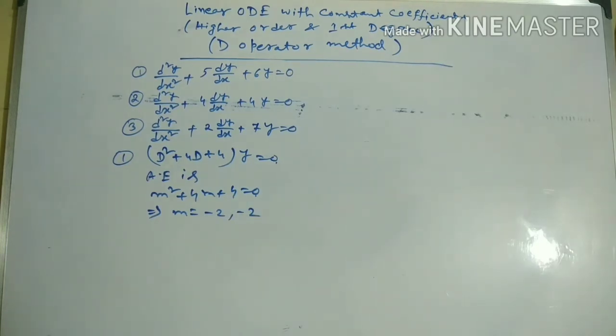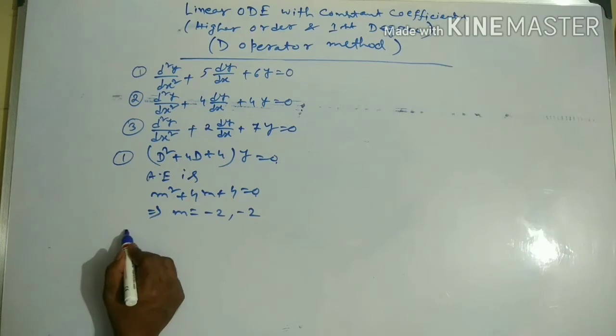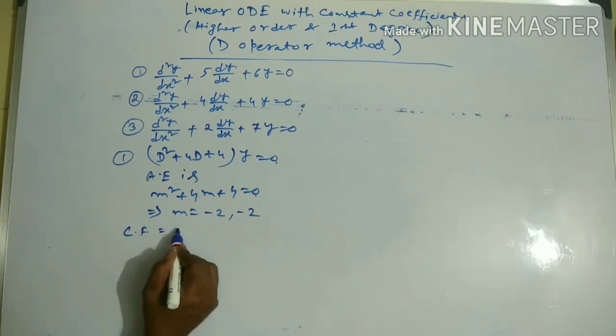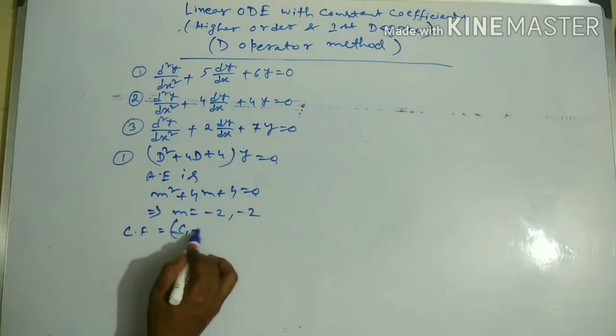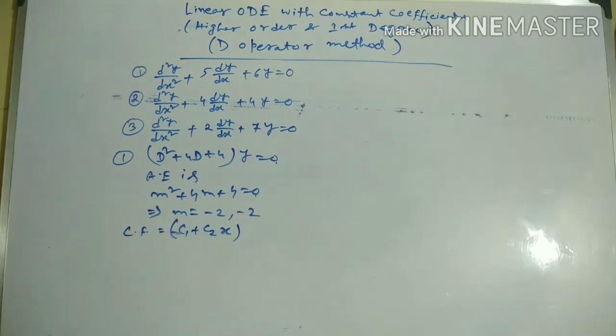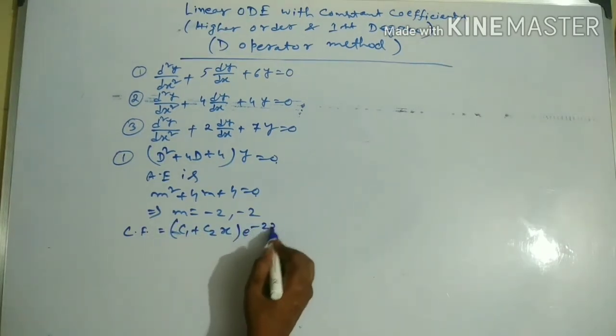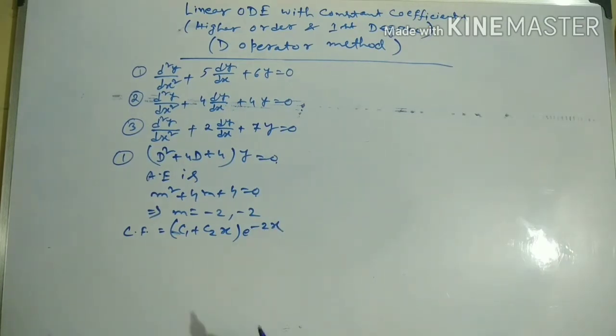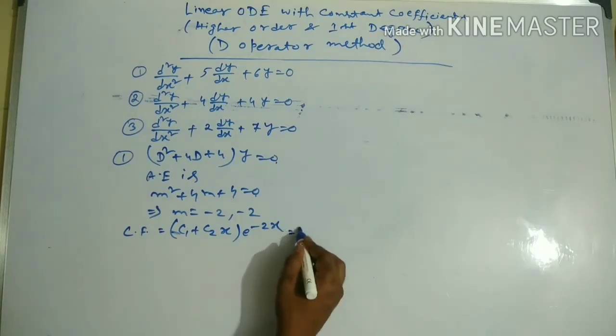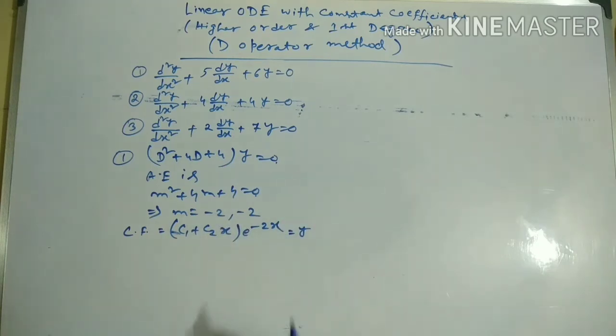So these roots are real and equal. So we have to follow case number 2, and in case 2 the CF was C1 plus C2x into e to the power -2x. This is the complementary function, and this is also the general solution since the right hand side is 0.